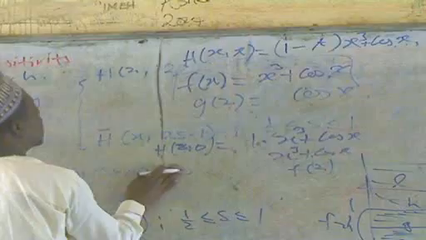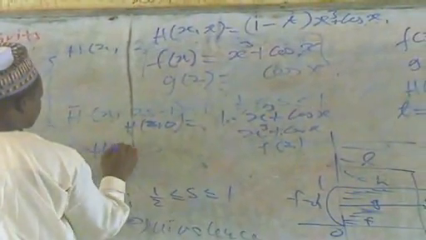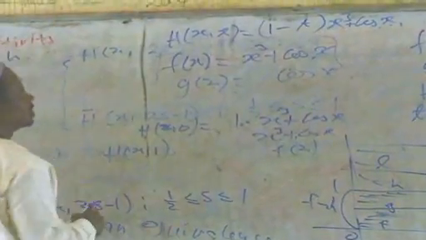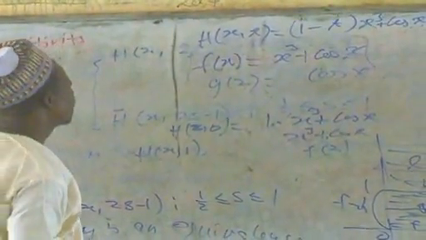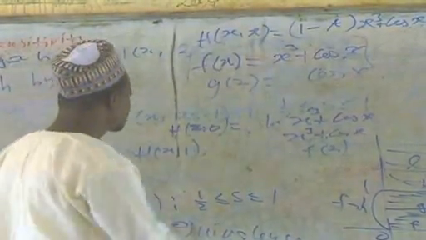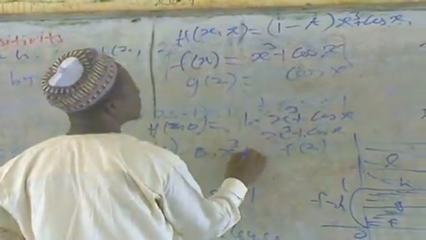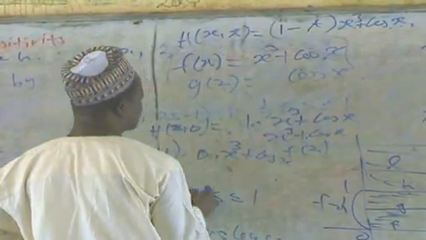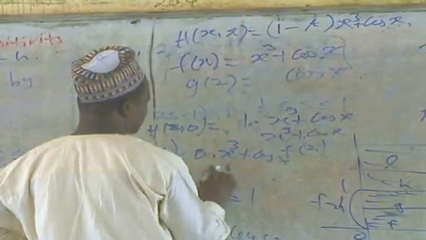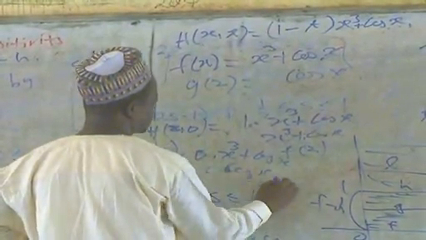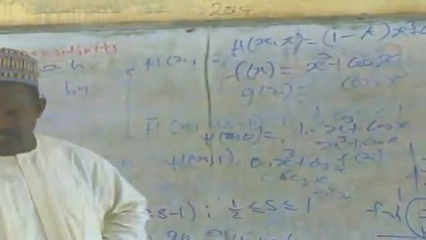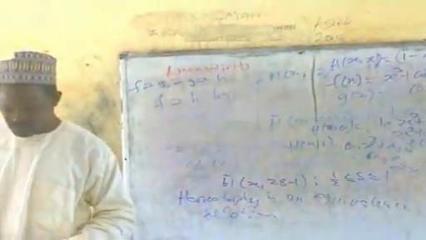And h of x, 1: when t is 1, we say 1 minus 1 is 0, 0 times x cubed plus cos x. So this is just cos x, which is g of x. So you can also see that they are also homotopic, F is homotopic to G, and so on and so forth. You can define more and more of those functions as an illustration.